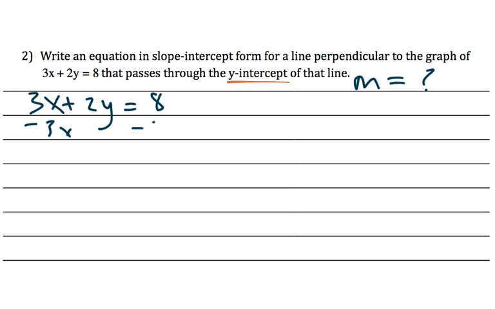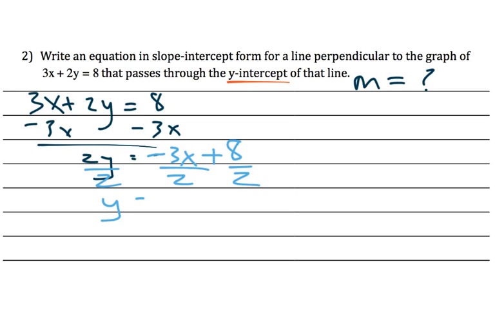So we'll solve this for y. The reason we'd get y by itself is that it would help us see what the slope is. So the slope's going to be negative 3/2 for the original line. So that's the old line.